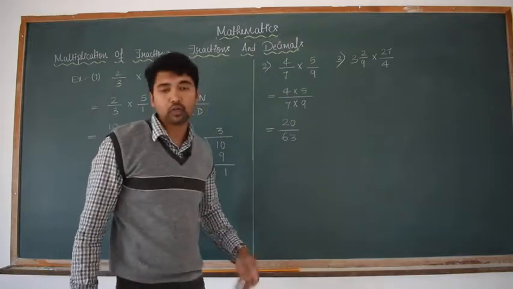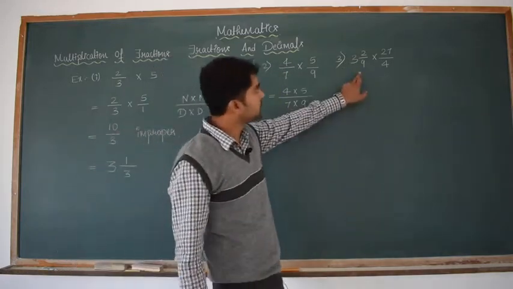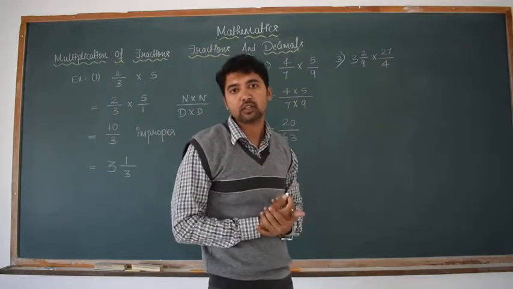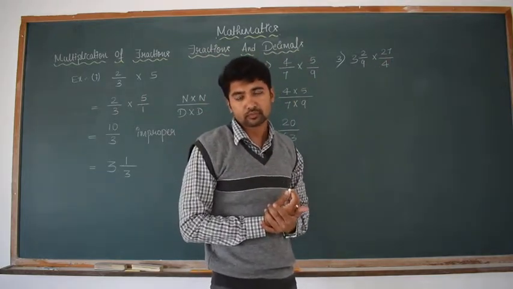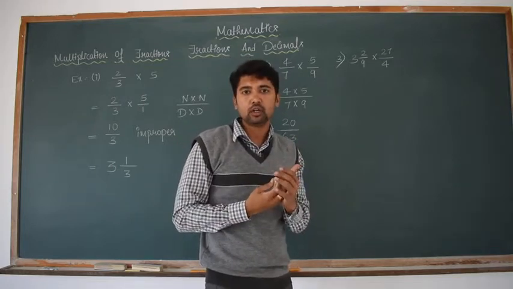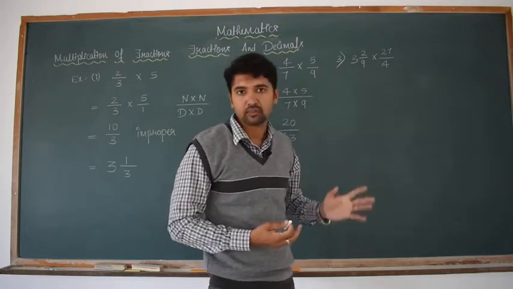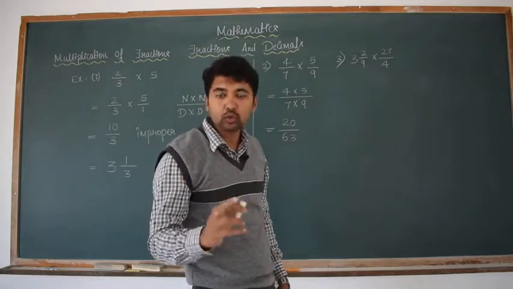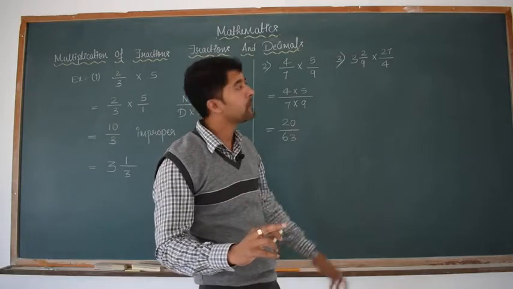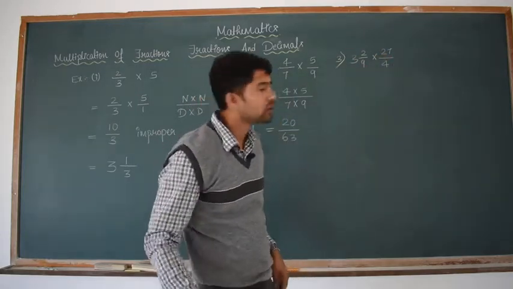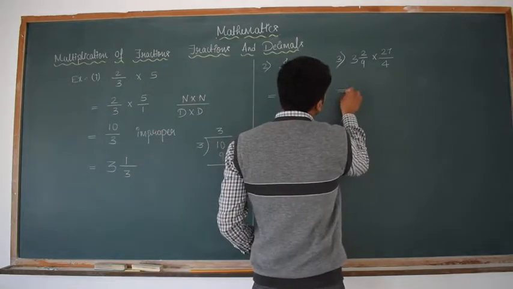At this moment what do we have to do? Here it is a mixed fraction and 27 by 4 is an improper fraction. What you need to do? A mixed fraction should be converted into an improper fraction in order to simplify these two fractions. First point, the mixed fraction should be converted to its improper fraction to multiply with 27 by 4. Clear?